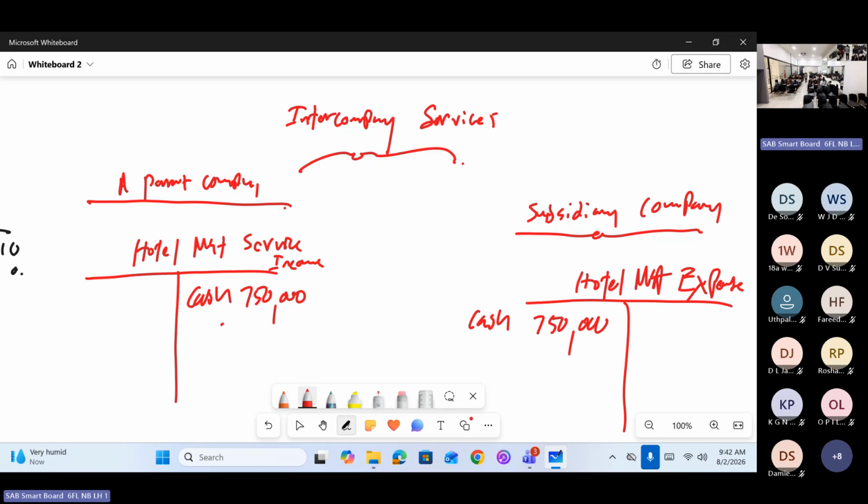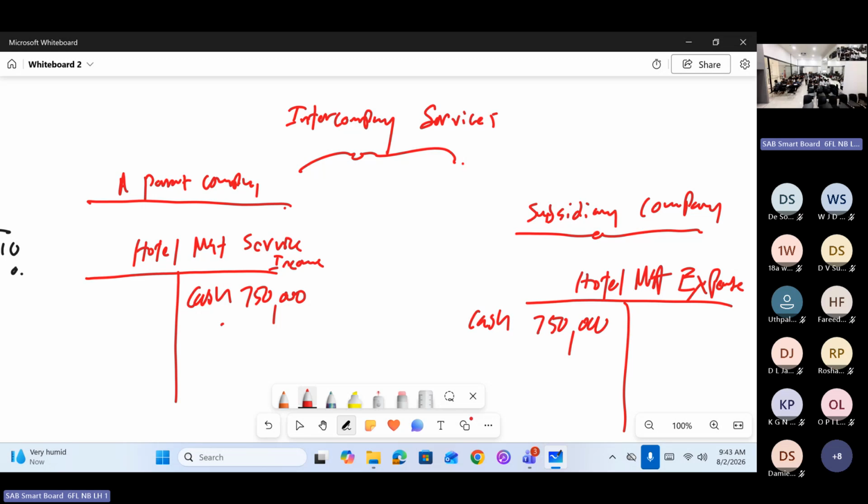This is how they have recorded it. You understand that they have paid it by cash. Sometimes you may get approved. So how have they recorded it? They have not paid in cash. They have recorded this as an intercompany receivable payment, right?